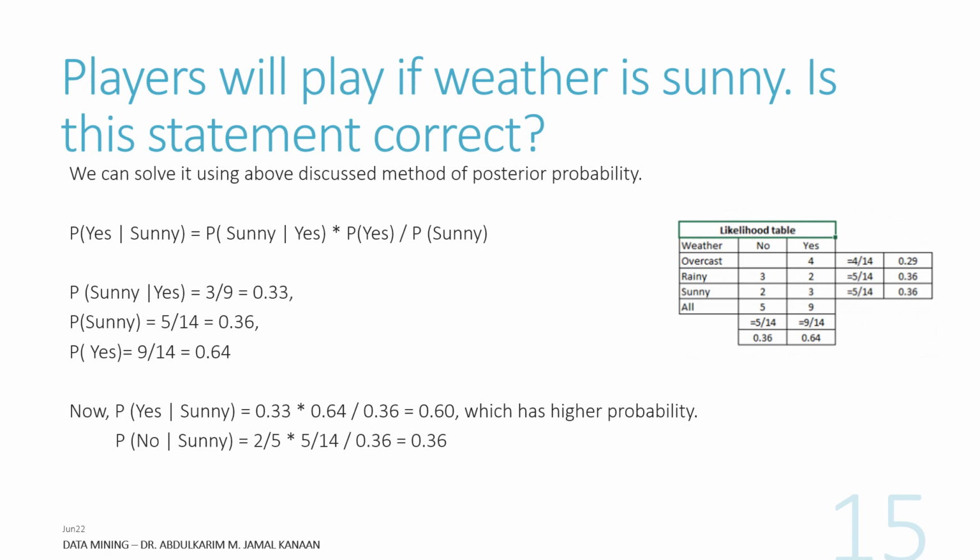For they didn't go, we have 5, divided by 14 total incidents, and finally divided by the same probability for sunny.